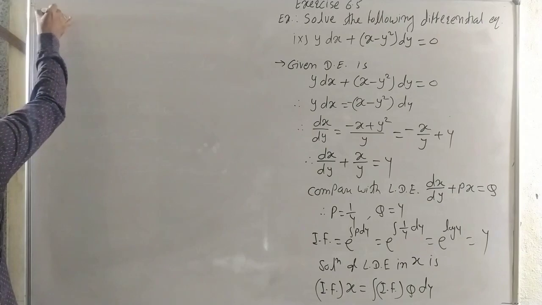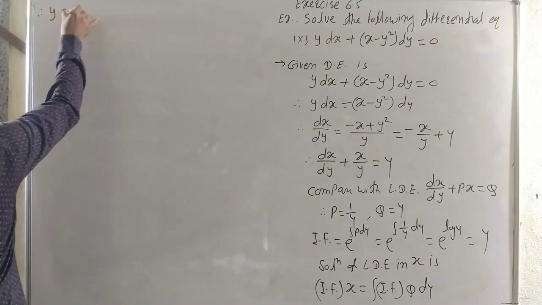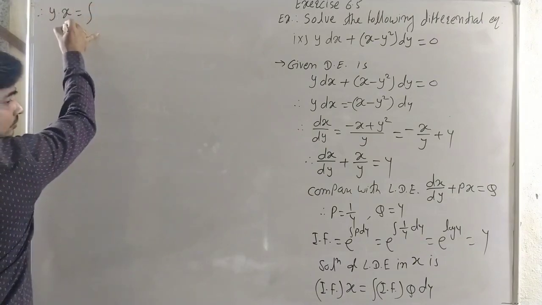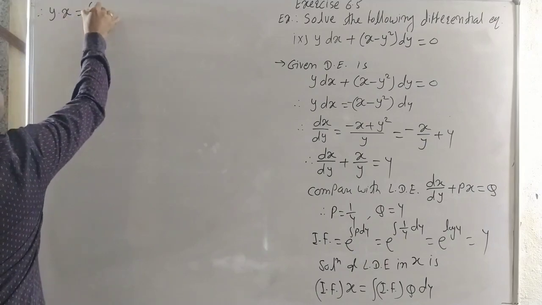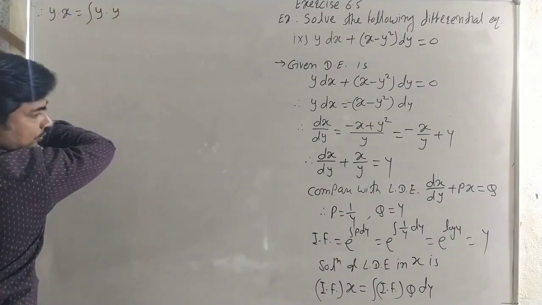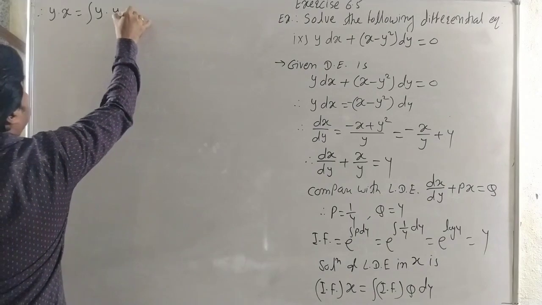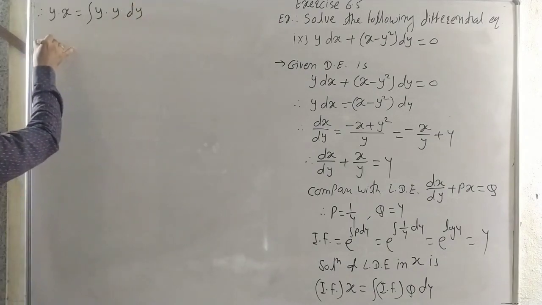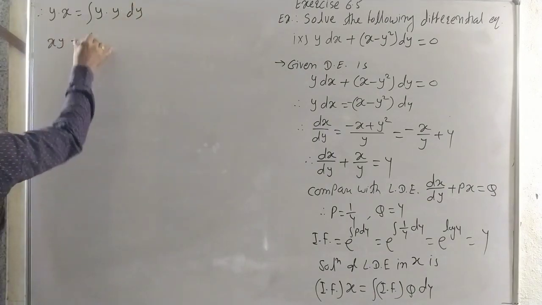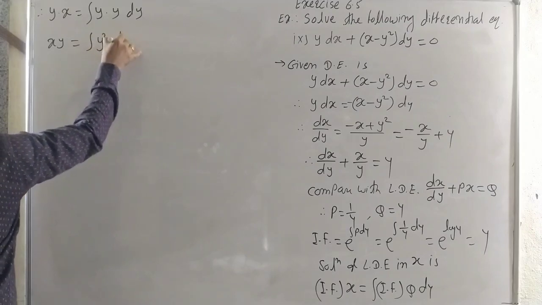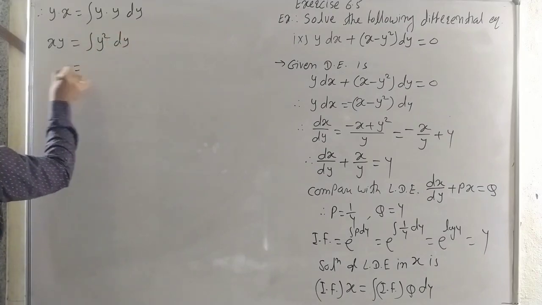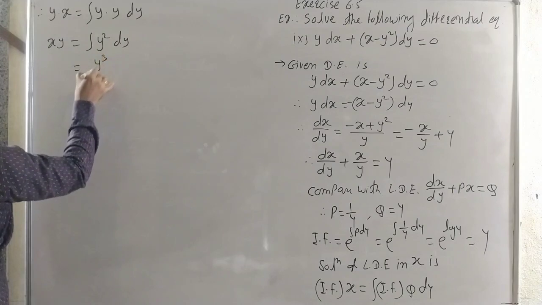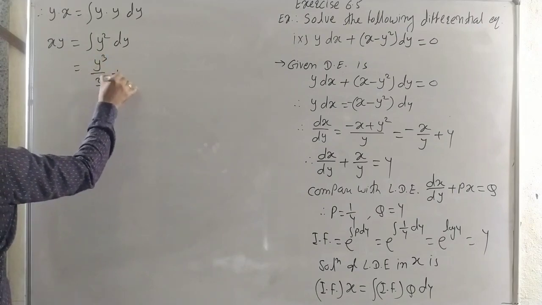So the solution is y into x is equal to the integral of y into y with respect to y, so xy is equal to the integral of y squared dy, which is y cubed upon 3 plus c.